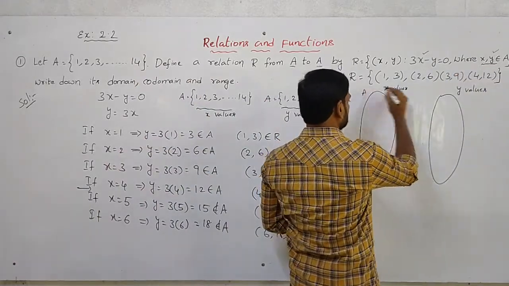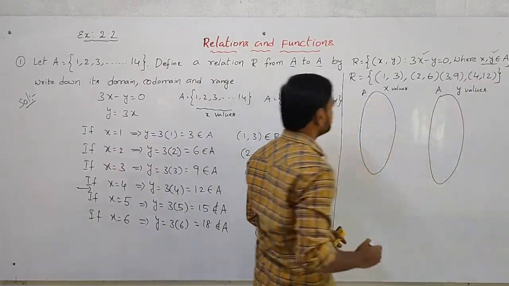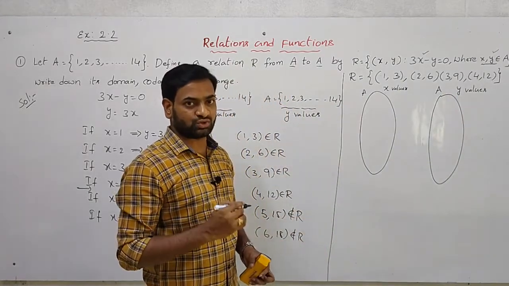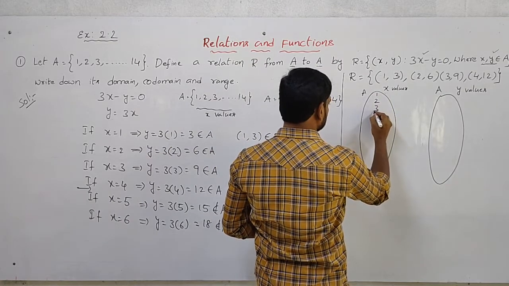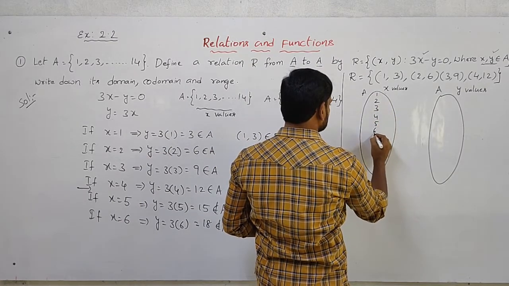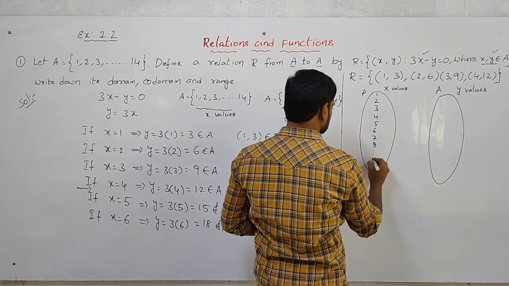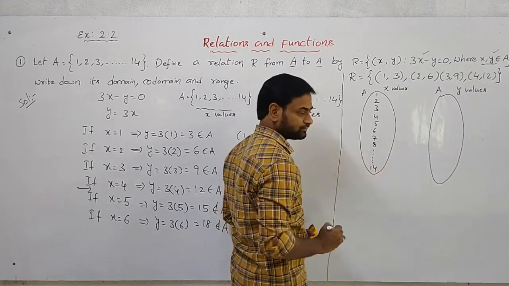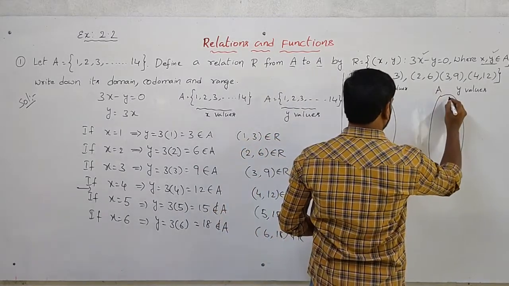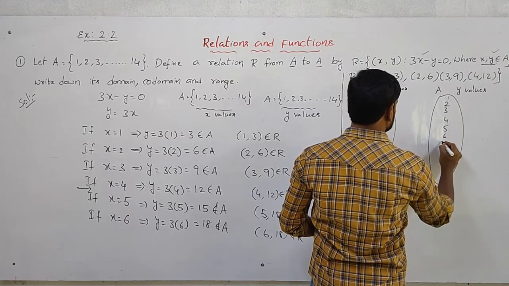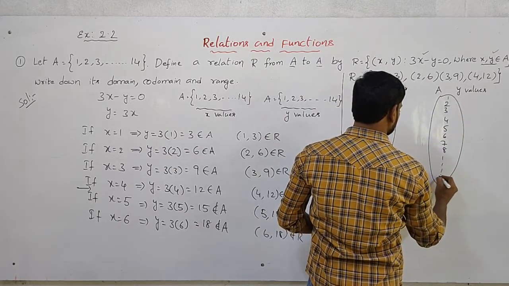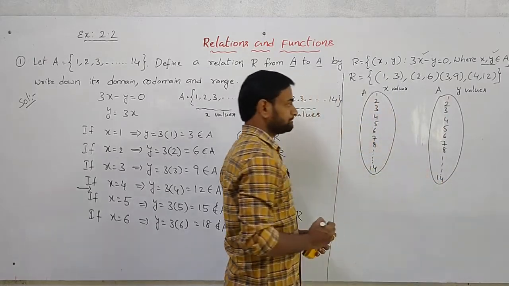So it is A, it is also A. In A, which elements do we have? 1, 2, 3, 4, 5, 6, 7, 8, and so on up to 14. Here also the A elements are the same.